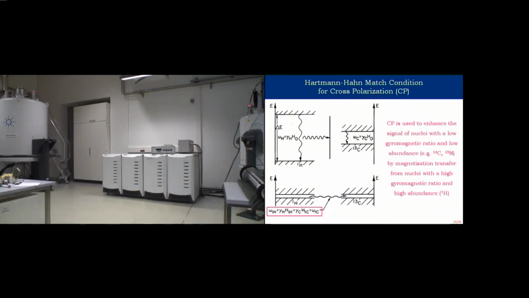On the right side, we have the same situation, but we know that the gyromagnetic ratio defines the distance between energy levels around 4 times lower. Okay, so how can we change the population here? We can enrich the population here only if these two systems are equalized to the same energy levels.